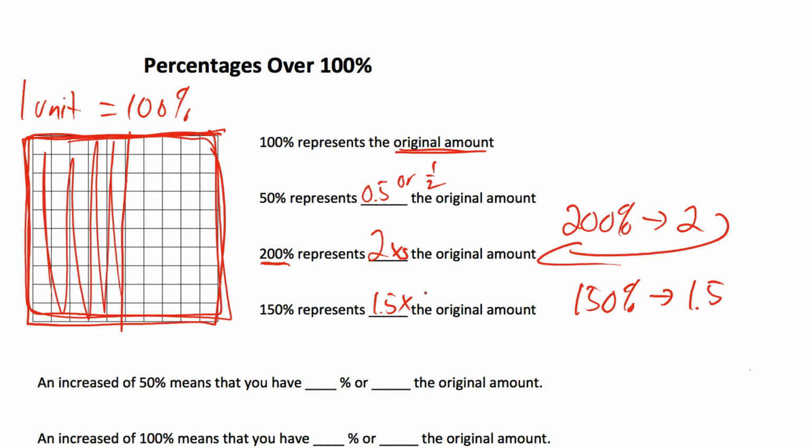So when we have percentages over 100, we're talking about having something that's more than our original amount.